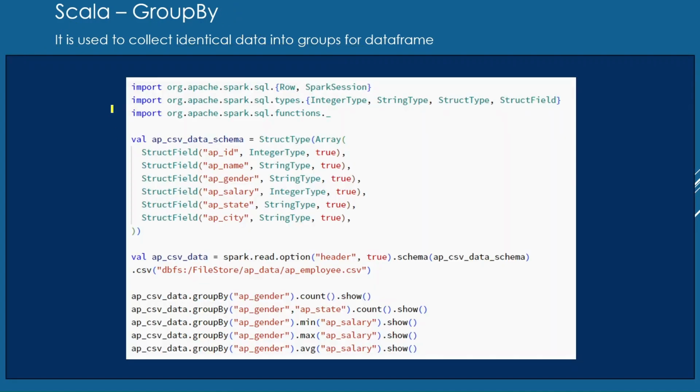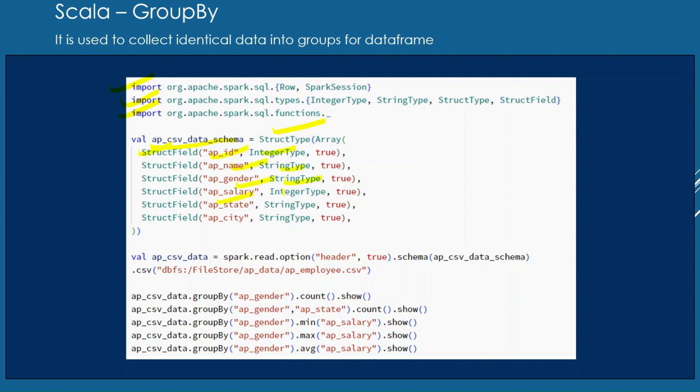So this exercise is all about implementation of group by function in Scala. I'm just importing all the required libraries. Here I'm creating a custom schema with the help of a struct type and a struct field. Here I'm creating 6 columns and their data types.